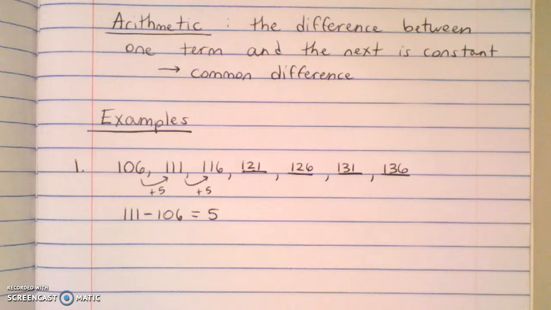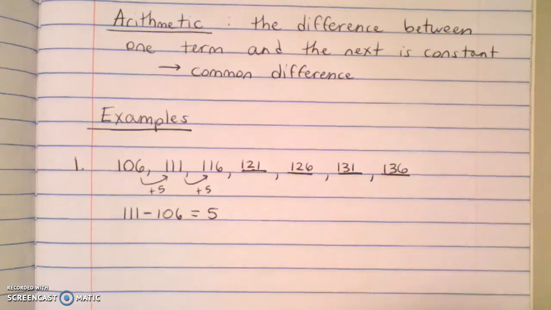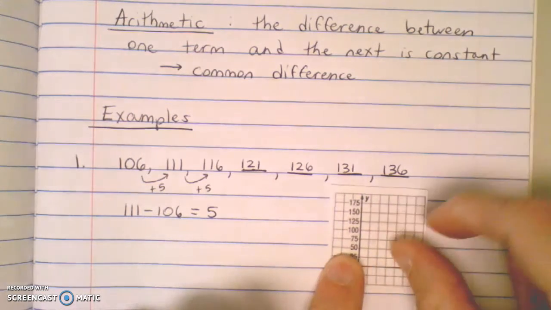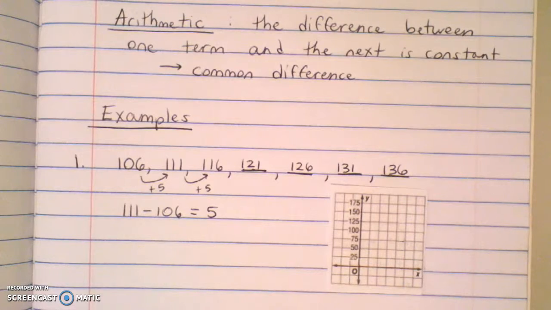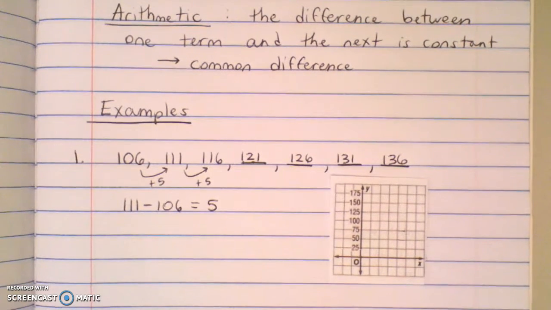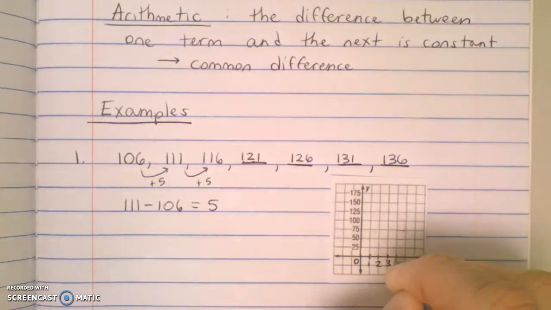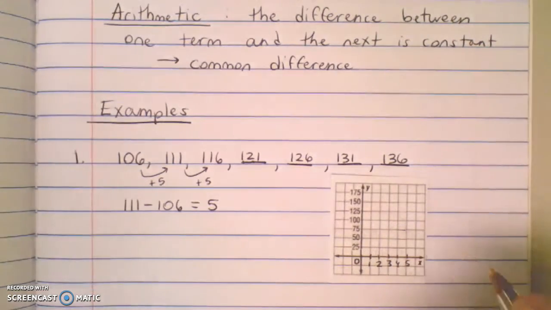So we can also graph what this sequence looks like. I want you to take the first graph and put it into your notes here. With these, we're just estimating the locations. Our x terms are just the term values. So this is number 1, number 2, 3, 4, 5, and so on.